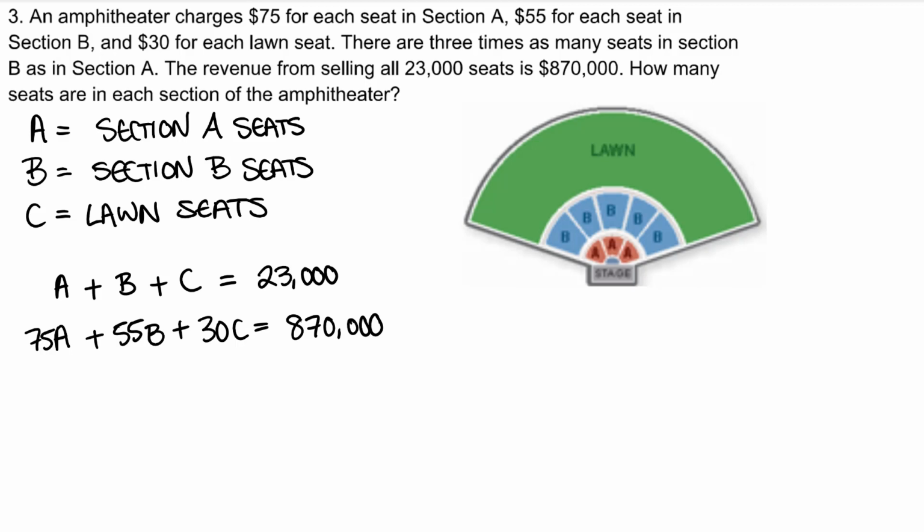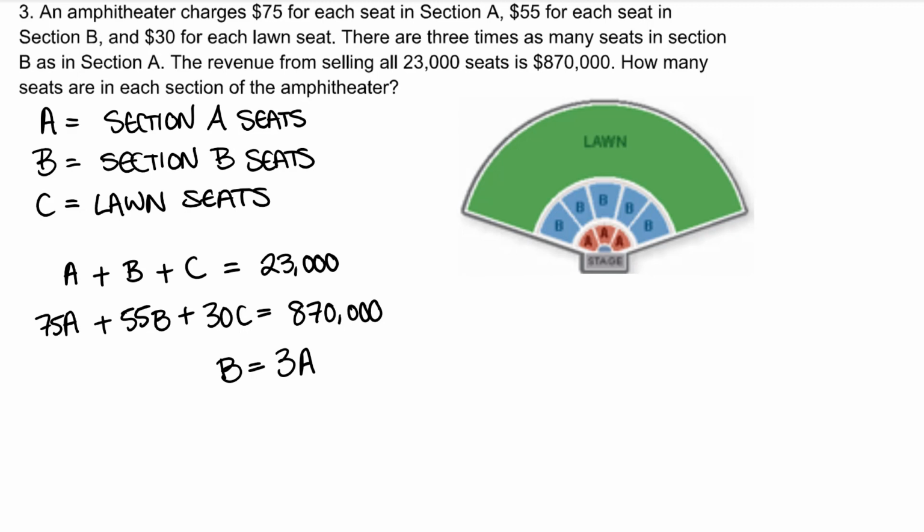There's one other relationship they gave me. There are 3 times as many seats in section B as in section A. So section B has 3 times the amount of tickets as section A. Because B is equal to 3A, I can eliminate B from the other 2 equations by just substituting in 3A and simplifying.